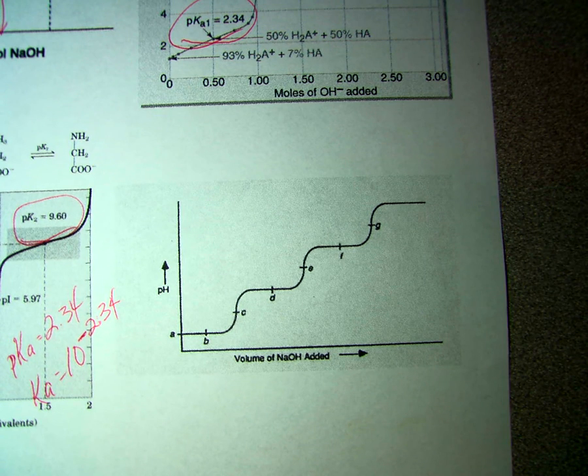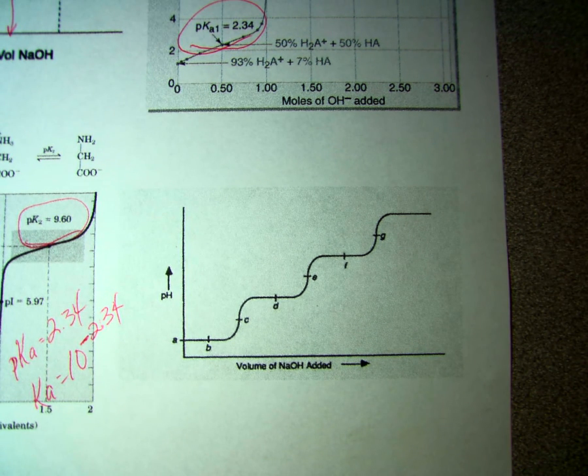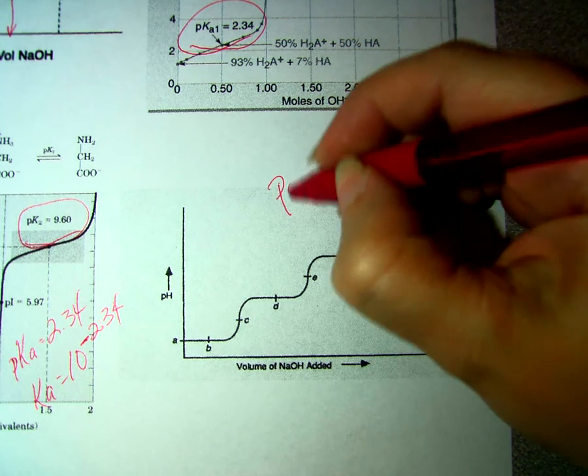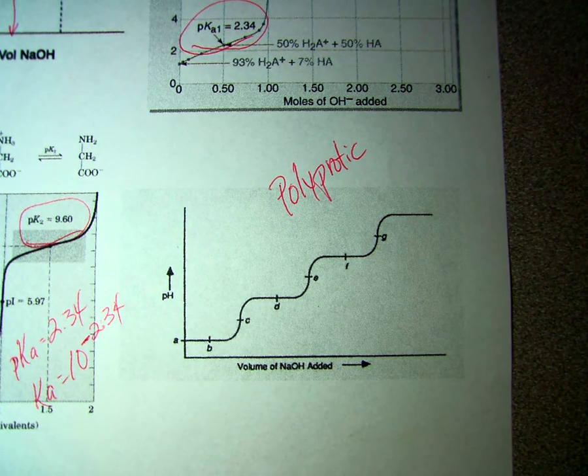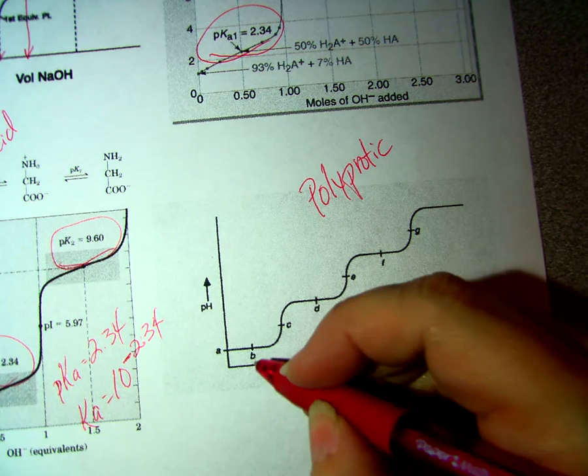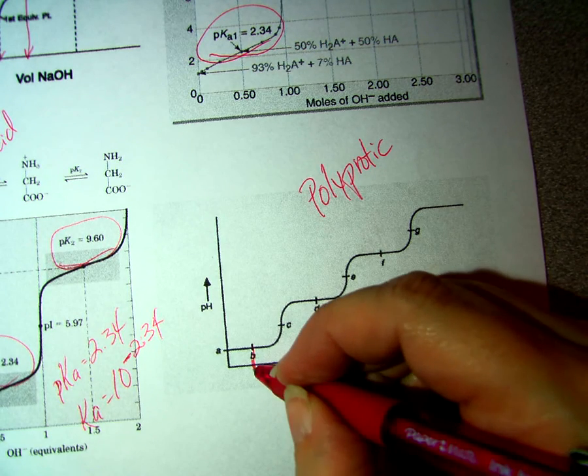All right, now look at this one. It's got 3 hydrogens. So what do we call an acid that has more than 2 hydrogens? Polyprotic. So this is a polyprotic acid. You could go through, and your half equivalence point would be there.